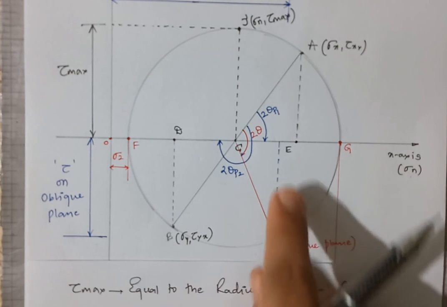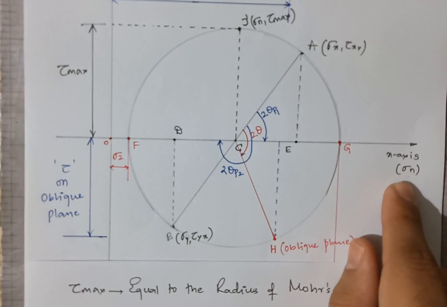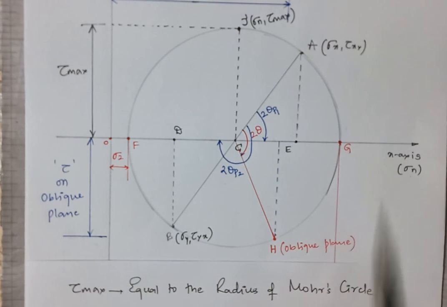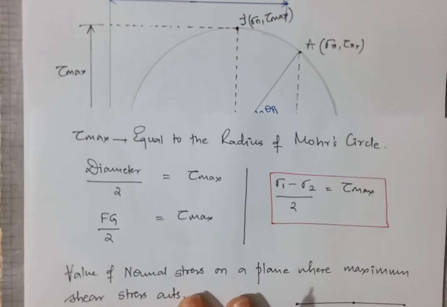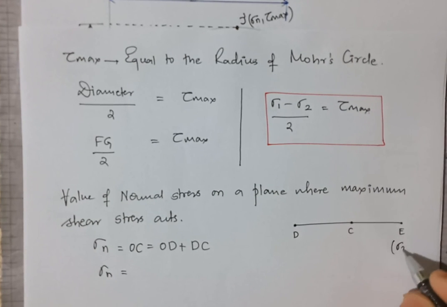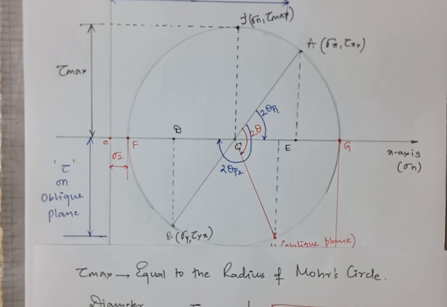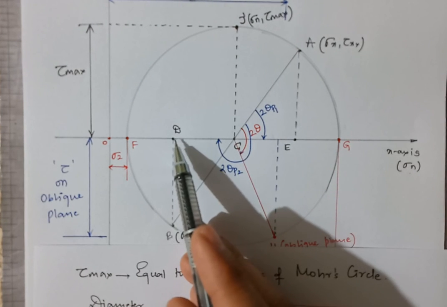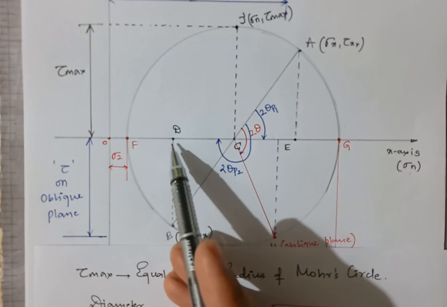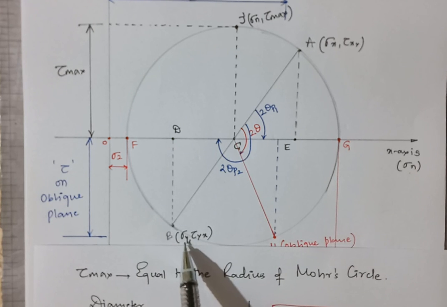I'll be writing the coordinates of point E. Since it is on the x-axis, its y coordinate will be 0 and its x coordinate is sigma x. So the coordinates of point E are sigma x comma 0. And the coordinates of point D: once again it is on the x-axis, so the y coordinate will be 0, and along the normal its coordinate is sigma y.